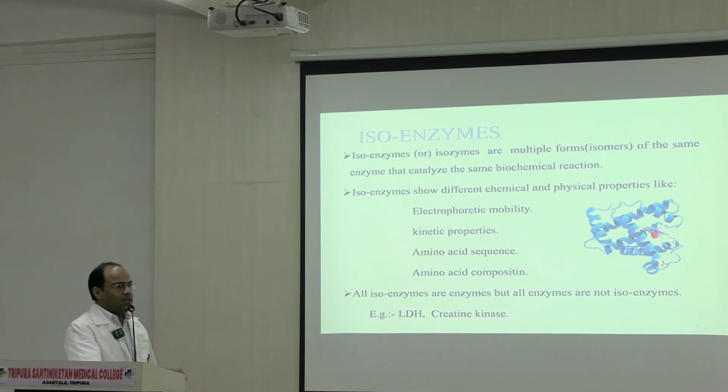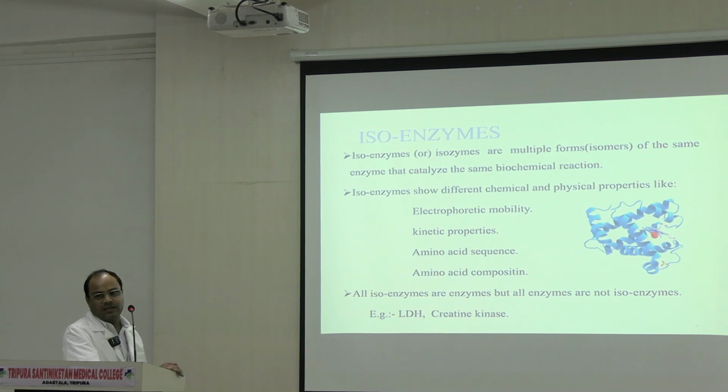So isoenzymes have some properties. They are different in movement in an electrophoretic field. They are a little bit different in kinetic property. Does anyone remember the Michaelis-Menten equation?